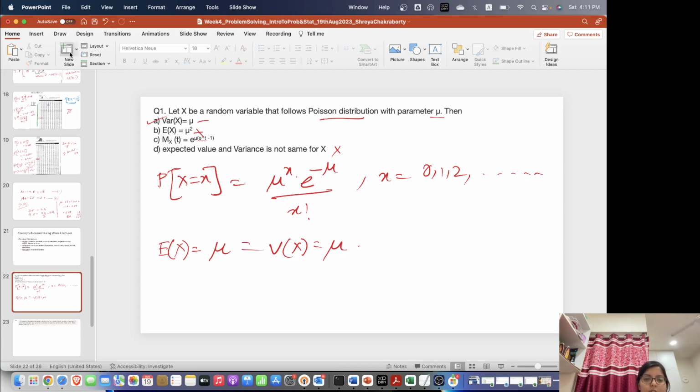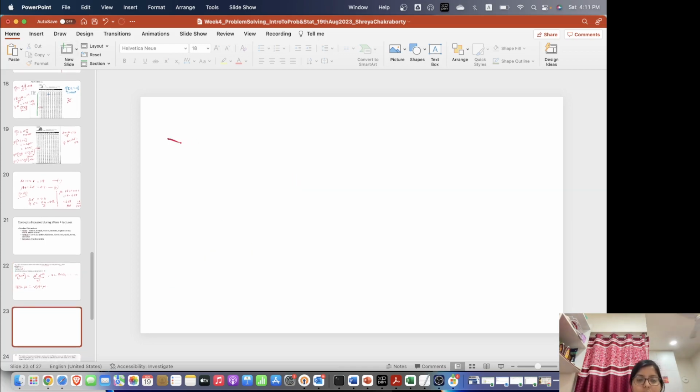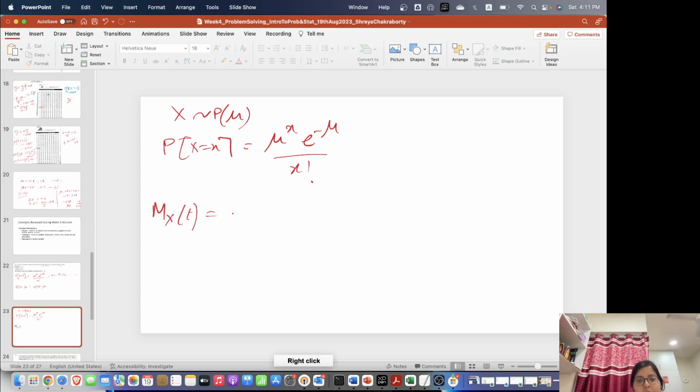So I will write it separately. Let x follow Poisson mu, then probability x equals mu to the power x e to the power minus mu by x factorial. So now MGF of x equals expectation of t to the power x.